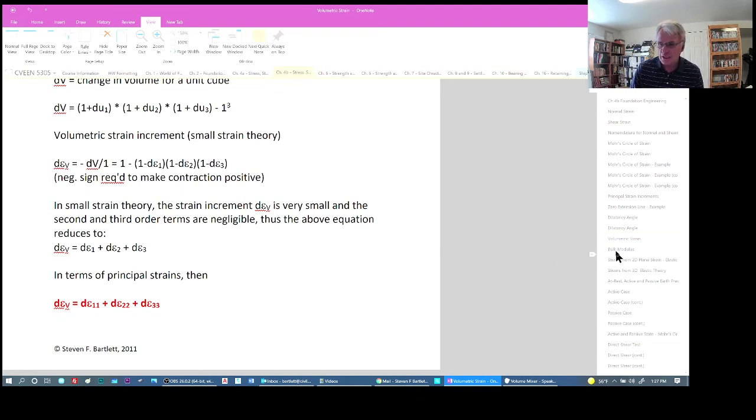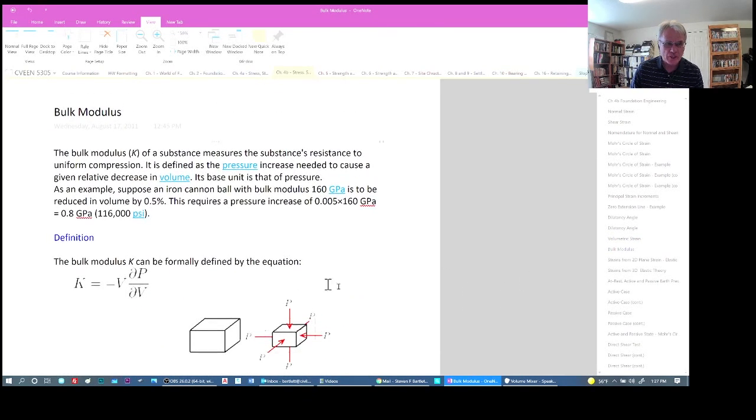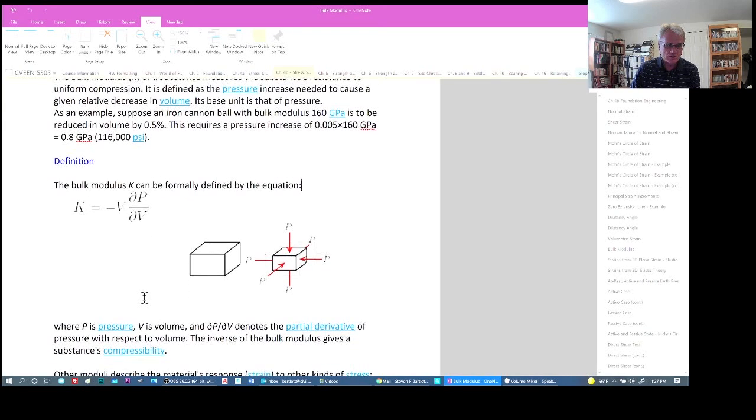Okay, so now let's define a modulus that you may not have come across before, which is called the bulk modulus. If we take the change in pressure versus the change of volume, then we can come up with a modulus. So we have some pressure here, which is causing some change in volume.